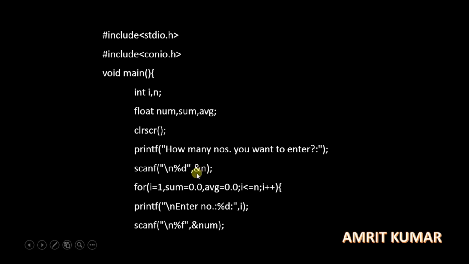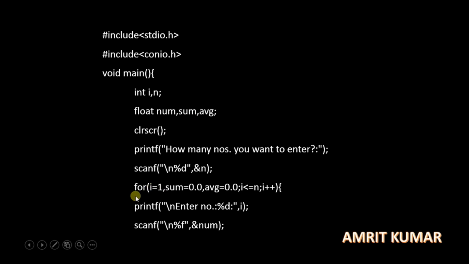And this ampersand is used to hold the address of the variable, so it is actually holding the address of n. If you know the address, then you can access everything of that variable, so I can access the data that is entered by the user. So that number has come in here with the format specifier.